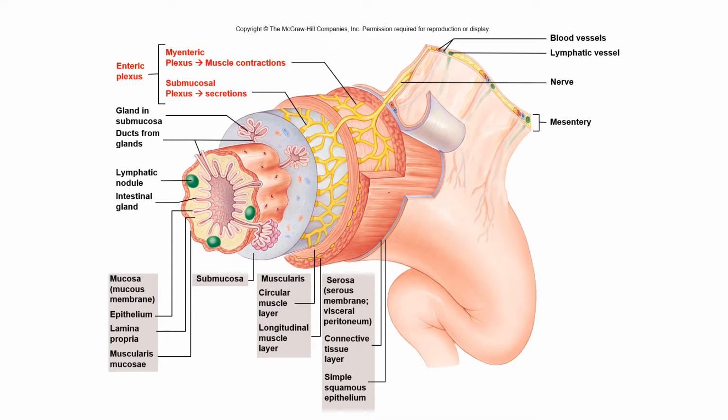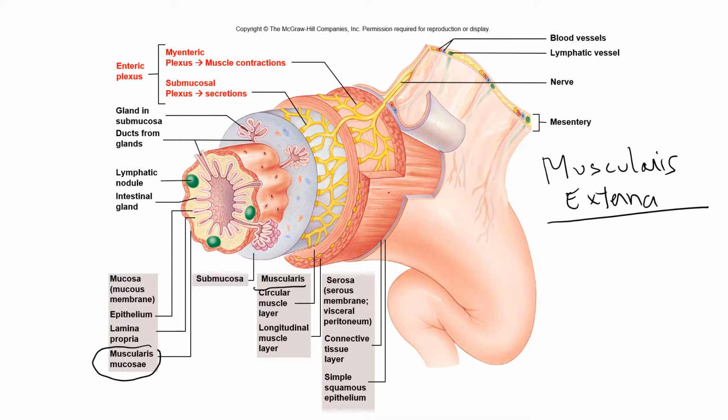The third tissue layer of the GI tract, below the submucosal layer, is called the muscularis layer, also called the muscularis externa, to distinguish it from the muscularis mucosa found as part of the mucosa layer. The muscularis externa consists of the walls of the GI tract, thick layers of smooth muscle.